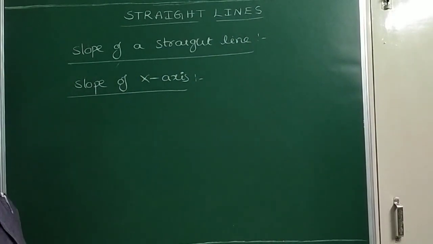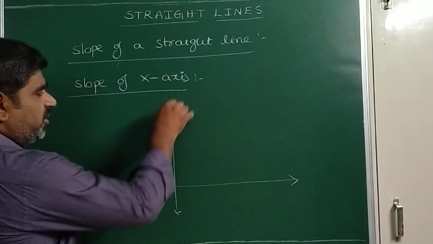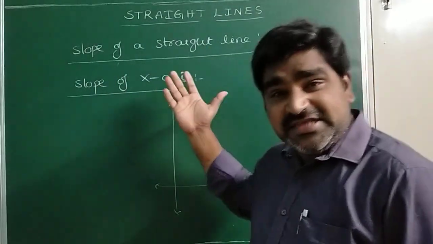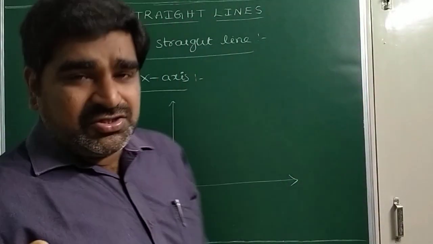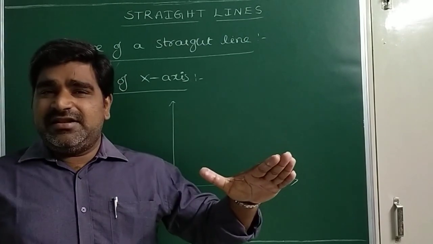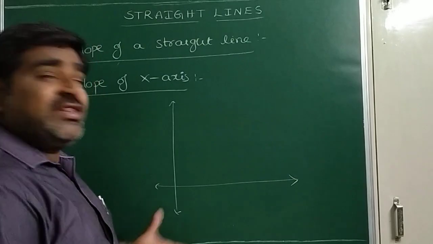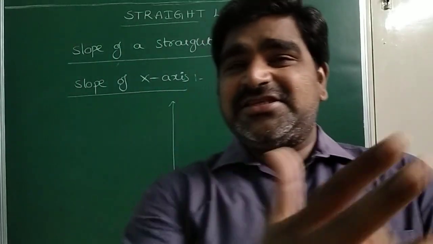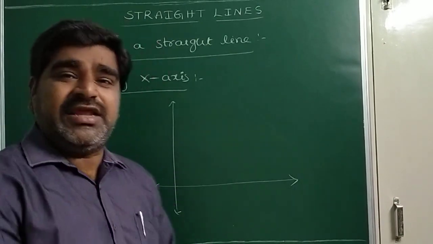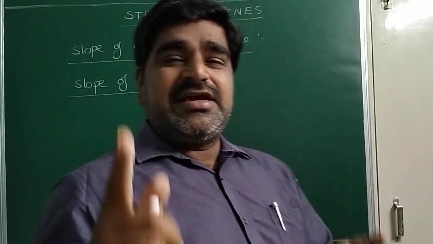For this, we should know the inclination of x-axis. The x-axis makes an angle of 0 degrees with x-axis. That means the inclination of x-axis is 0 degrees.